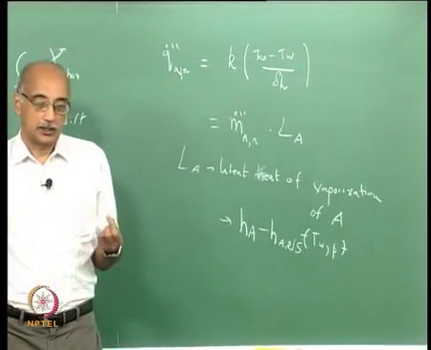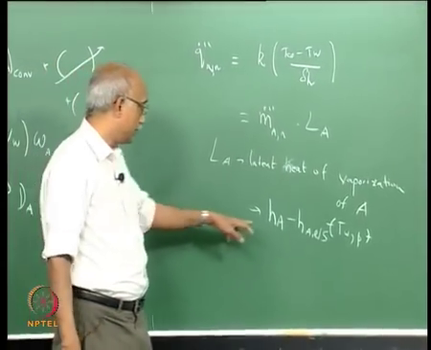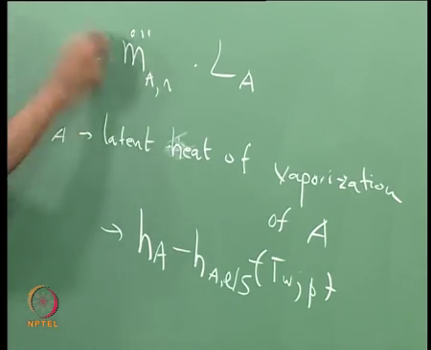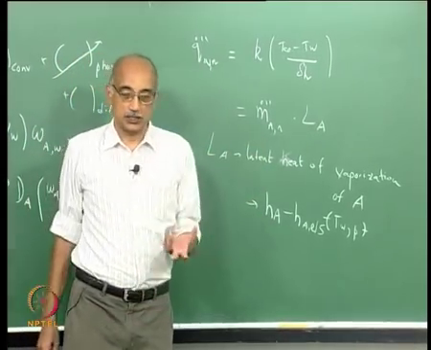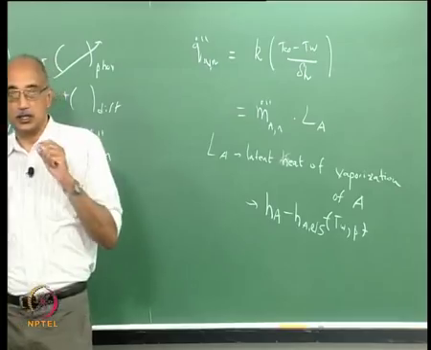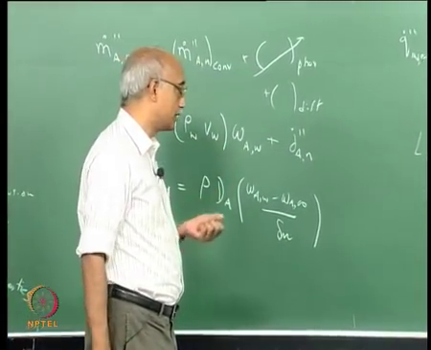So, it is actually the difference in enthalpy for the species A being in vapor phase minus the species A being in liquid or solid phase. So, that is the definition of latent heat of vaporization. So, this then provides a link between the rate of vaporization of the droplet and the flux of heat that is being provided to the droplet to promote its burning.